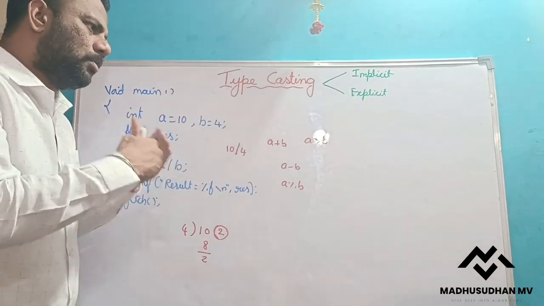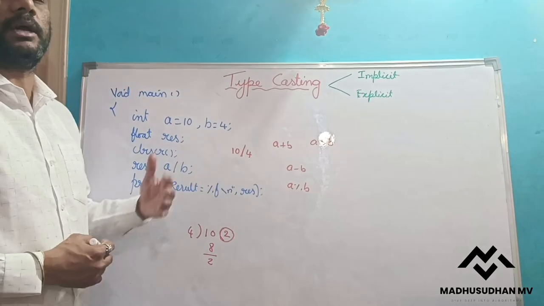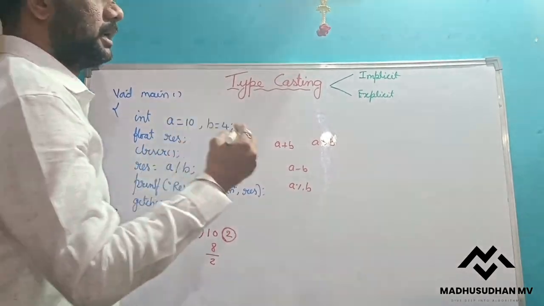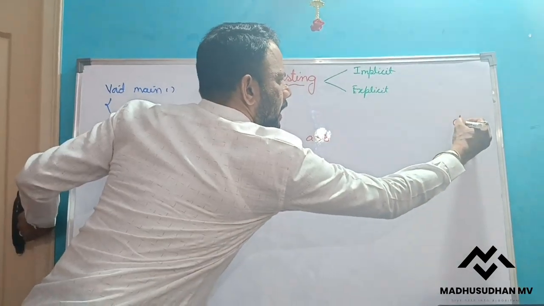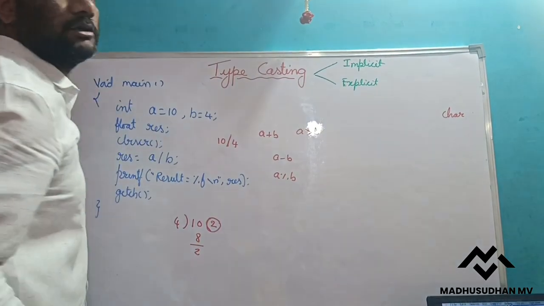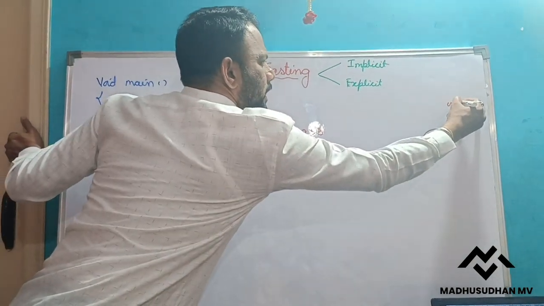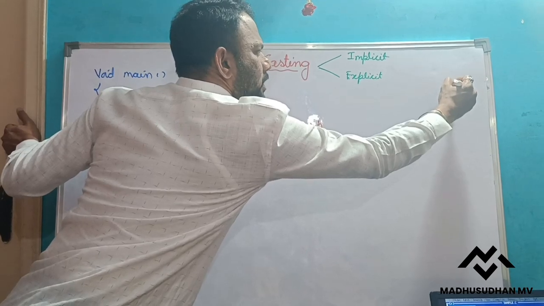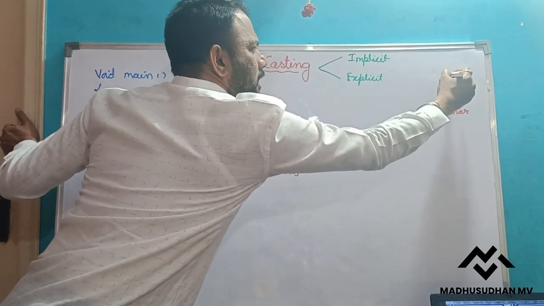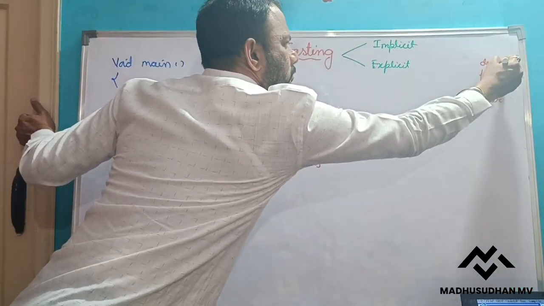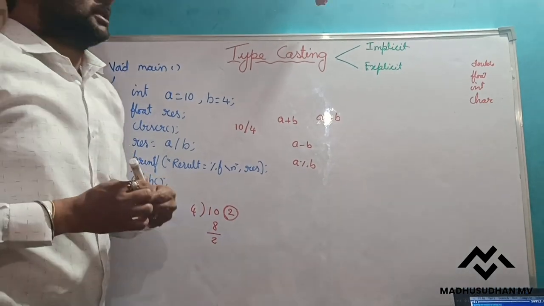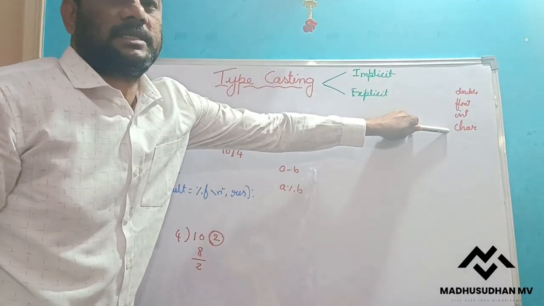Which is the lowest data type? We know that char is the lowest data type because it requires only 1 byte. The next lowest is int, then float, and the highest data type is double.